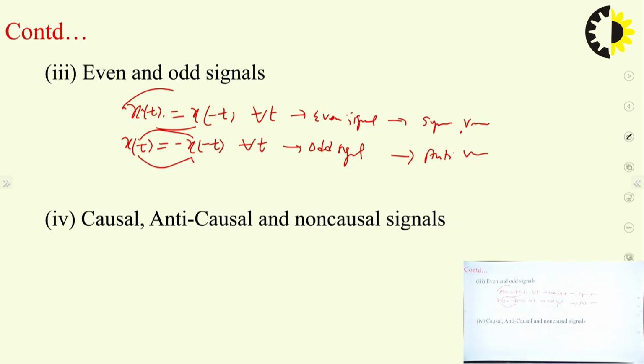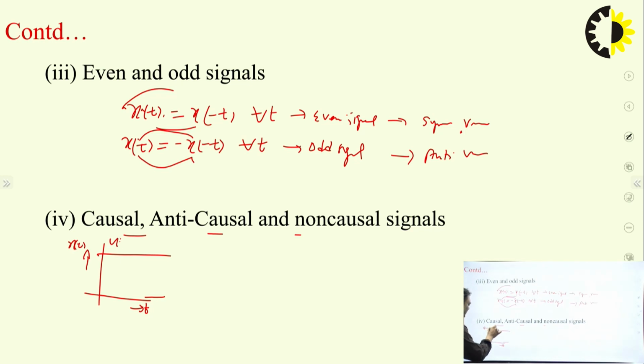Then the fourth type of classification is causal, anti-causal and non-causal signals. Causal signals are those signals which are defined when input is given. You can see this by an example: let us say this is a unit step signal.